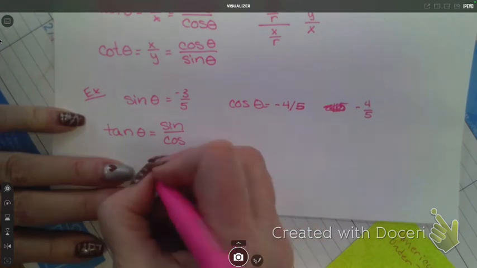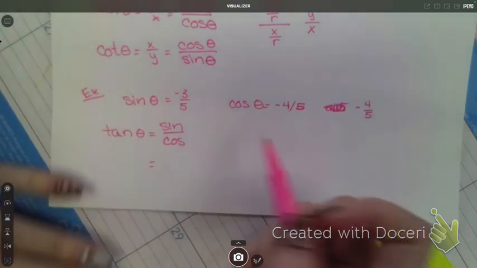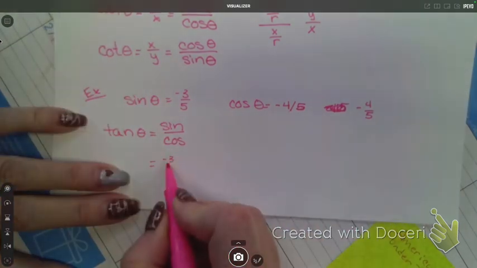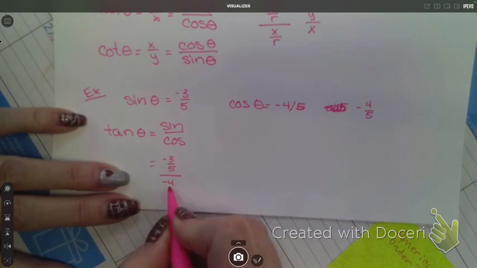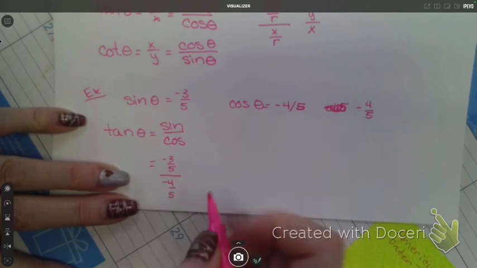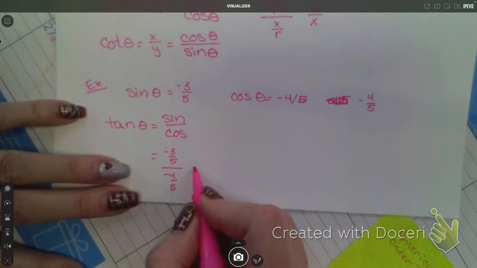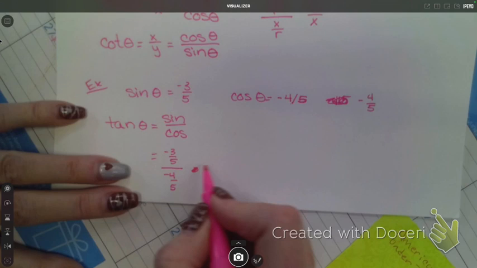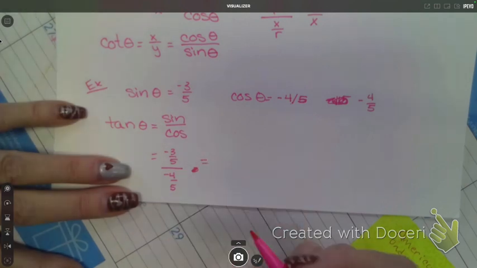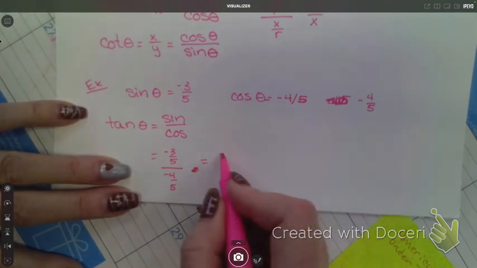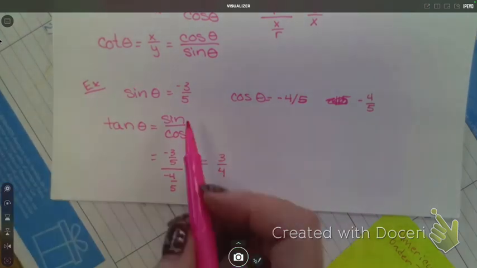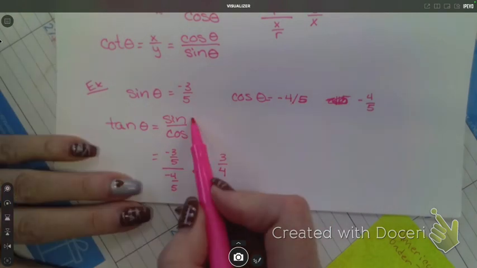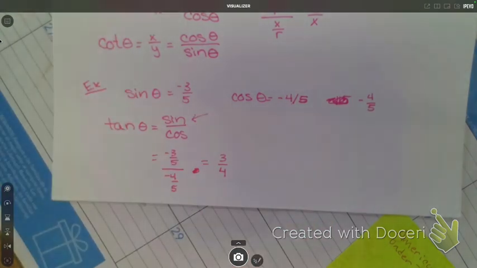And then I would go down, personally. So that's negative 3/5 over negative 4/5. So when you reciprocate, you get what? Three-fourths. But this step right here is important, so by the time you're done, you know them. Okay?